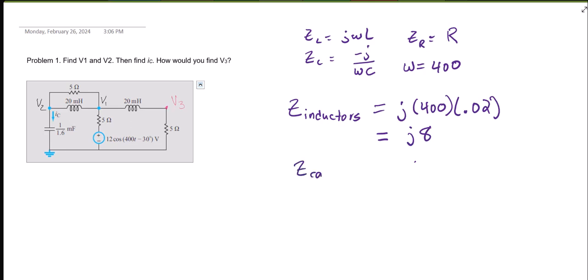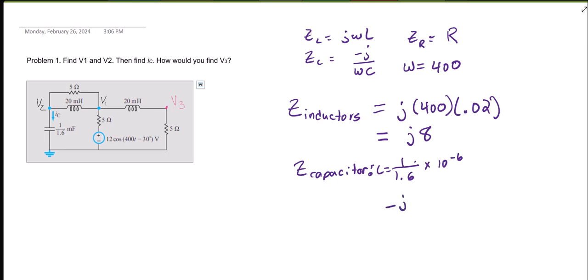And then for the capacitor, I have 1.6 millifarads, so C equals 1.6 times 10 to the negative 3.